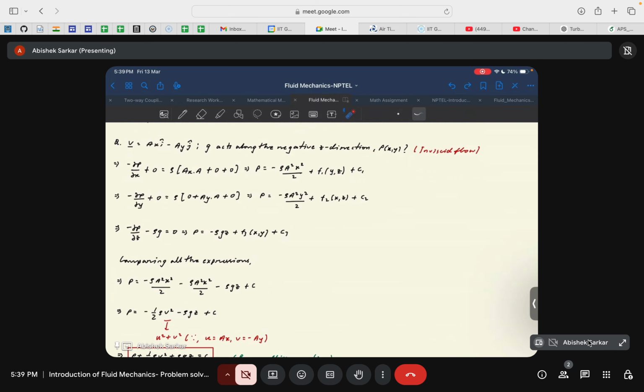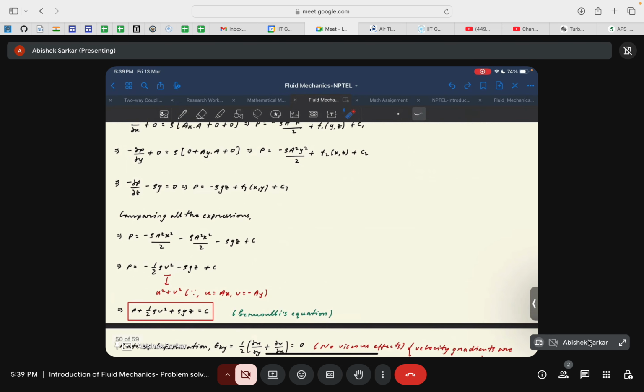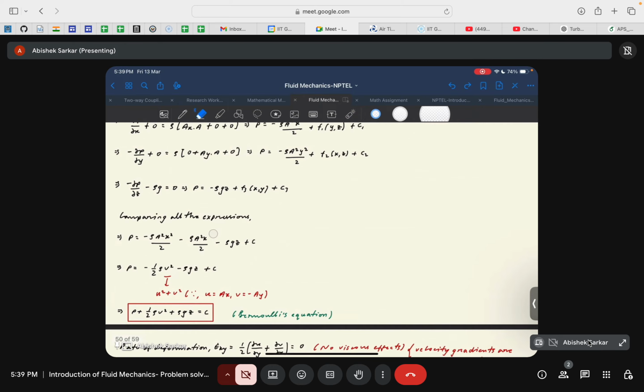So if you compare all these three cases, p would be equal to minus rho a square x square by 2 minus rho a square y square by 2, I'm sorry, it's y square, minus rho g z plus some constant c.